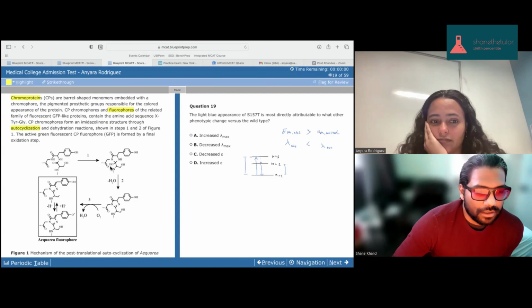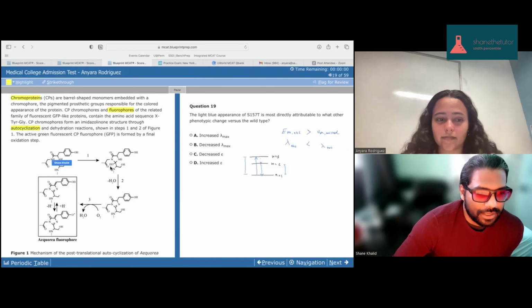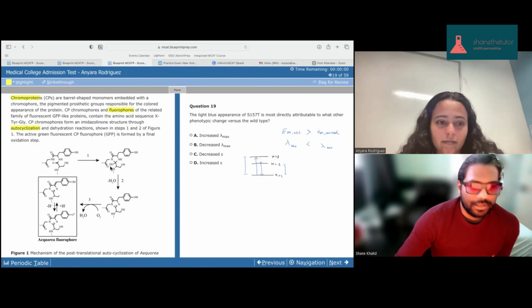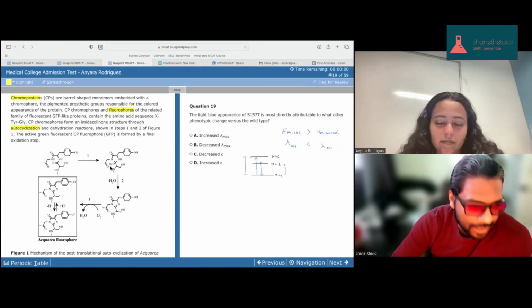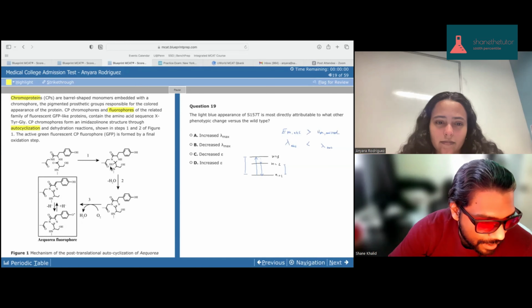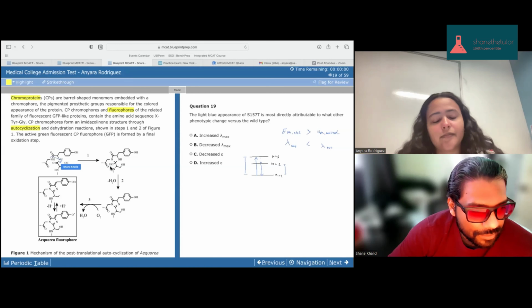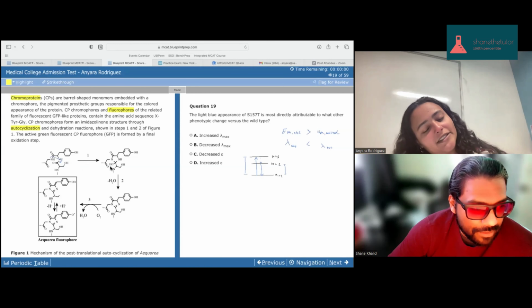Well, the nitrogen can have a lone pair, right? And that can act as a nucleophile, and it can nucleophilically attack that, which would open it up.